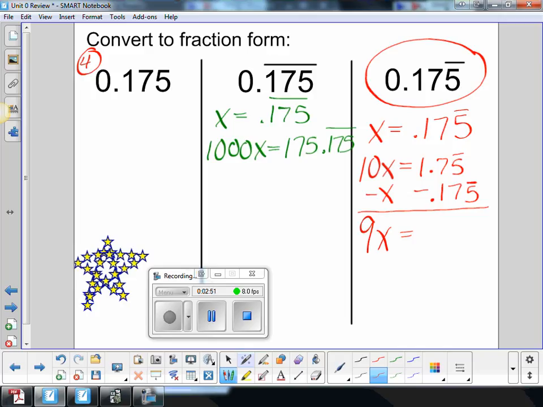What I want you to notice is that you have your 7 and your 1 lined up, then your 5 and your 7 lined up, and then nothing is over top of that next 5. What could be there if I felt like writing it? Another 5. So I'd like you to do that to make sure that you have the same number of decimal places in the number on top and bottom.